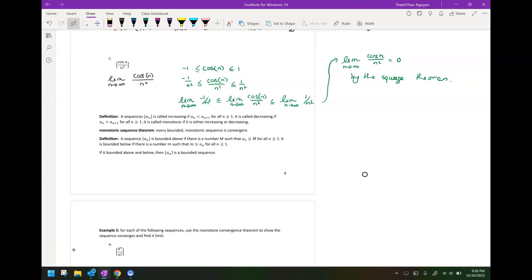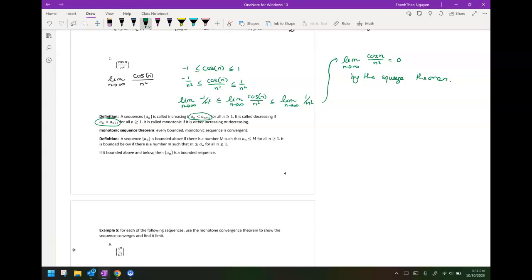It is decreasing if the preceding term is greater. It's called monotonic if it is either increasing or decreasing, with no changing in between. Monotonic sequence theorem: every bounded monotonic sequence is convergent.